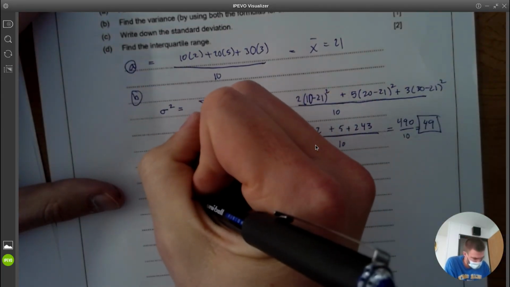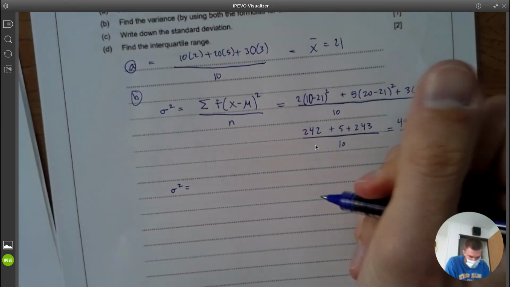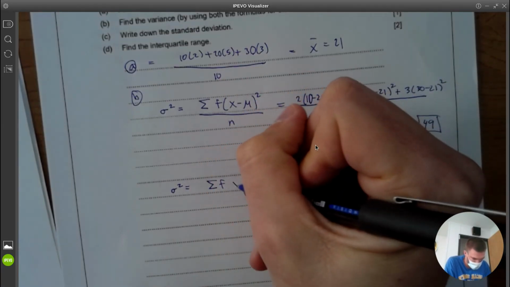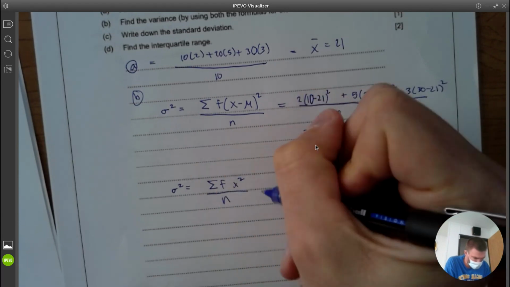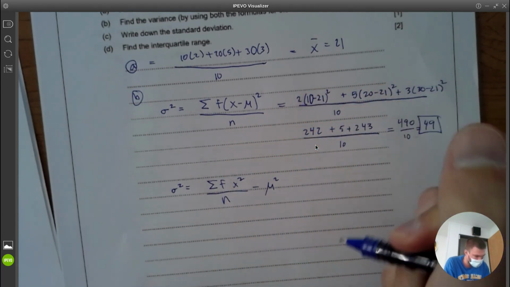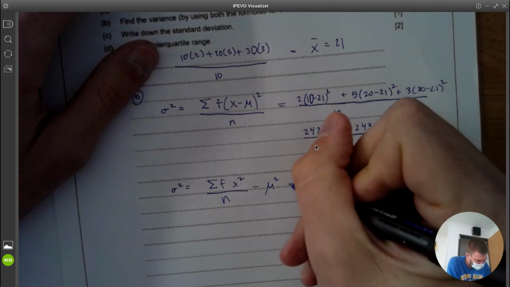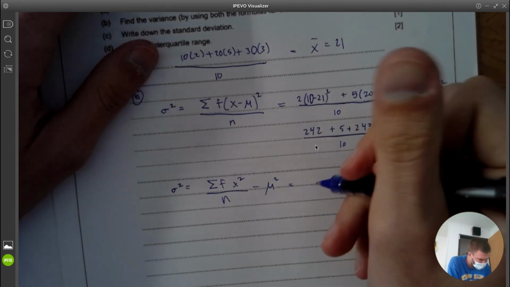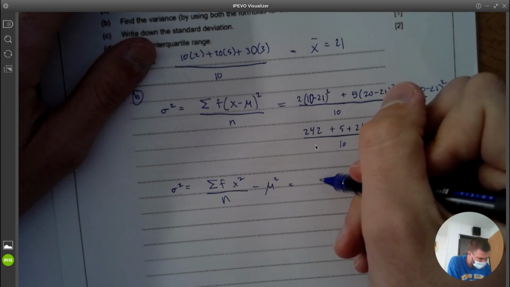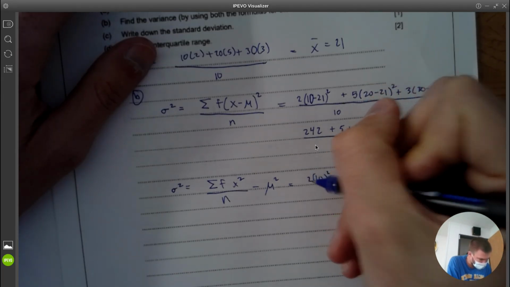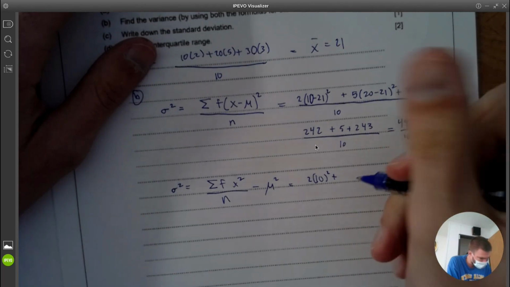All right, the other formula is the sum of the frequency of x squared over n minus the average squared. Well, x squared is going to be 10 squared times the frequency of 2. We're going to sum that up.